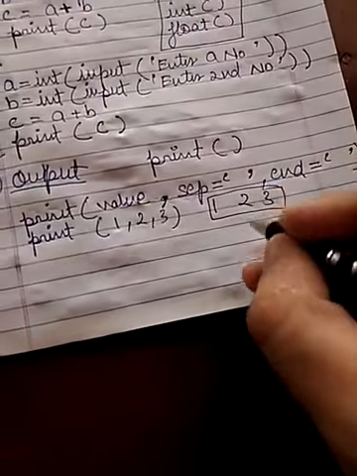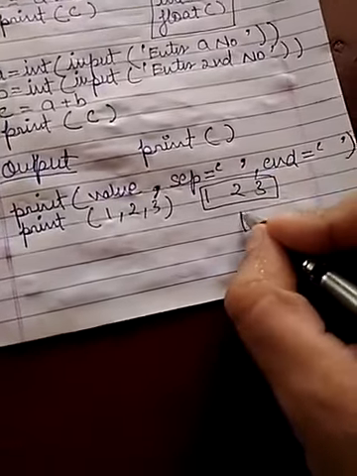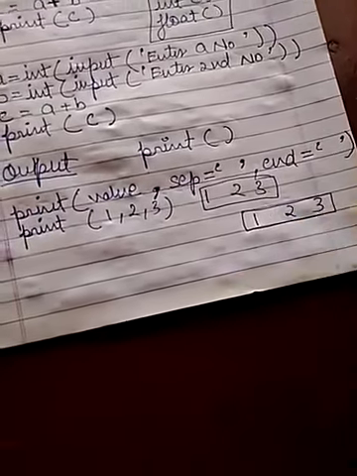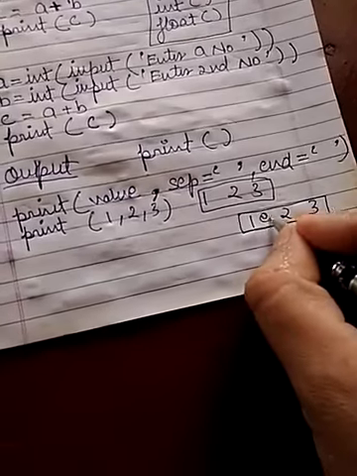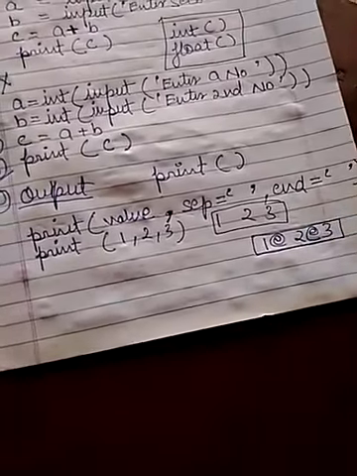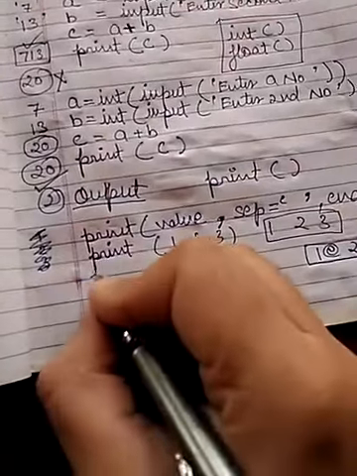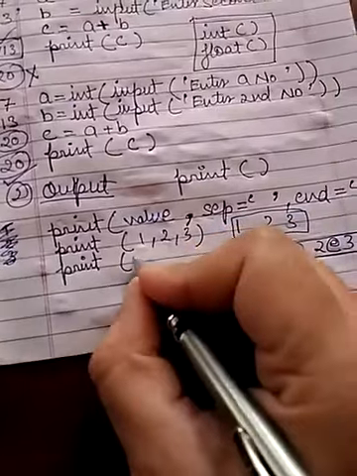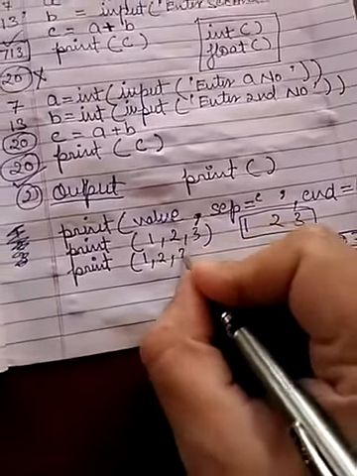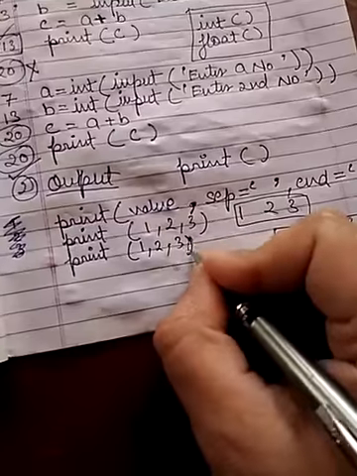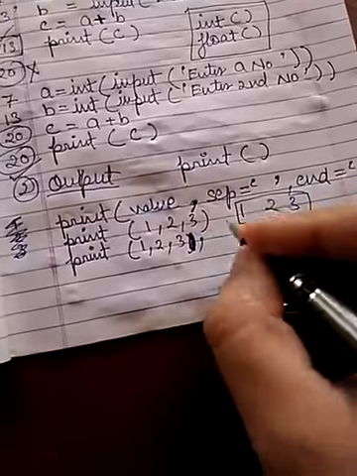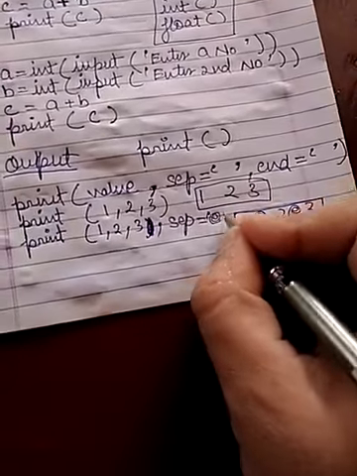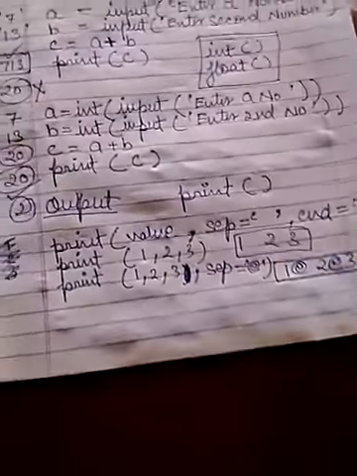If I want the output to be like this, 1@2@3, where I want the separator, let us say, at the rate, then I will write this command: print 1, 2, 3, comma, sep equal to at the rate.